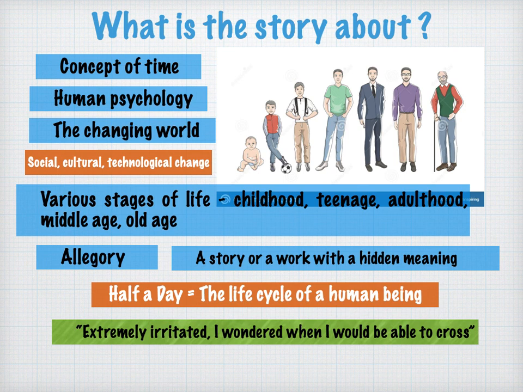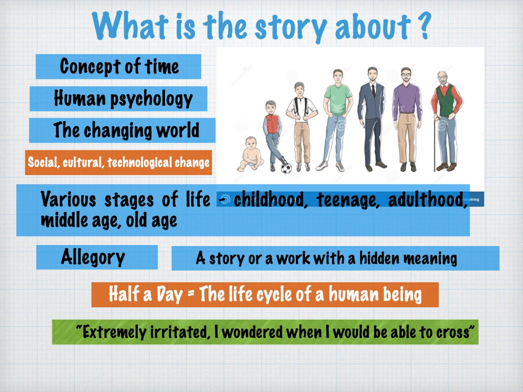But only in the last part, when we realize that the boy who went inside is coming out not as a boy but as an old man, we realize that it was all about time, the entire cycle of human life. So, Half a Day, the title here, is actually talking about the life cycle of a human being: how quickly time flies and how quickly a baby grows into old age.